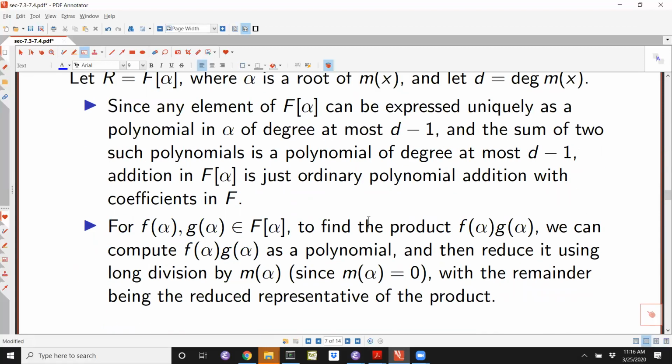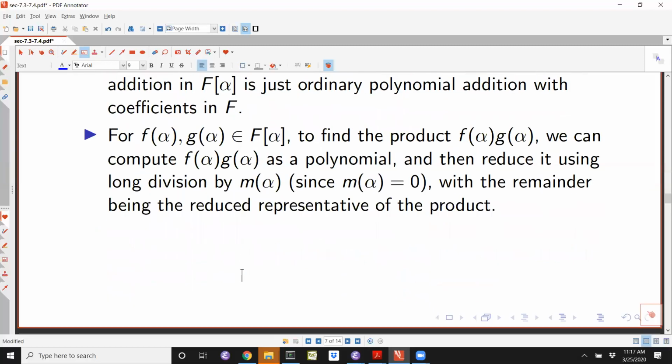On the other hand, when you take products for f of alpha and g of alpha in F adjoin alpha, to find the product f of alpha times g of alpha, we compute f times g as a polynomial and then reduce using long division by the modulus m of alpha, with the remainder being the reduced representative.